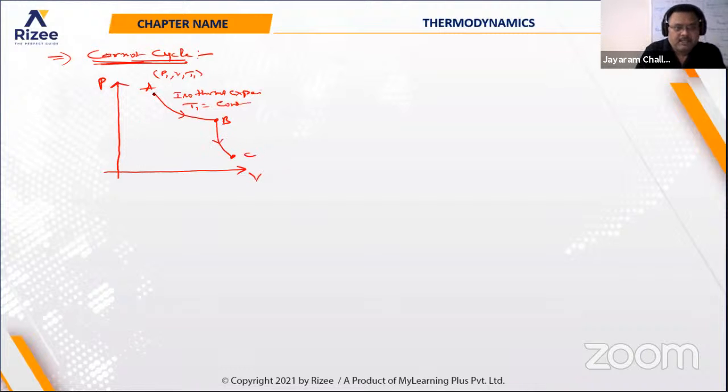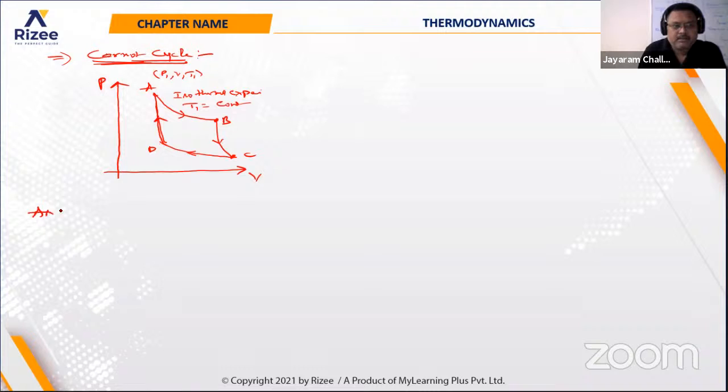From C to D, it undergoes isothermal compression, and D to A is adiabatic compression.